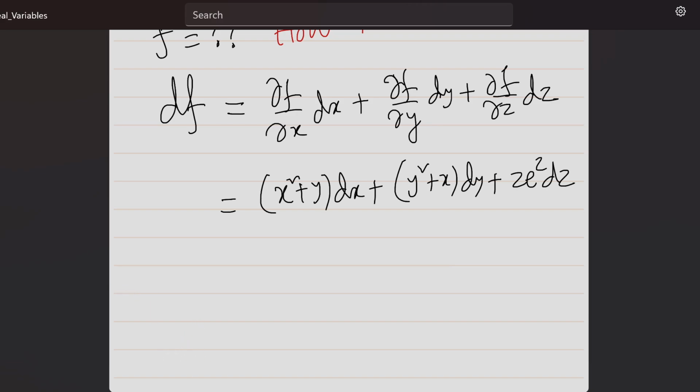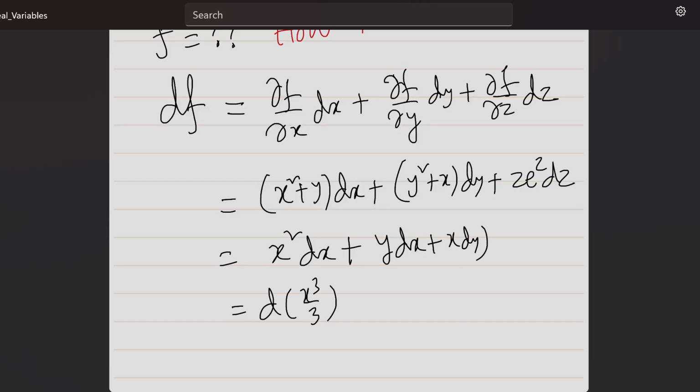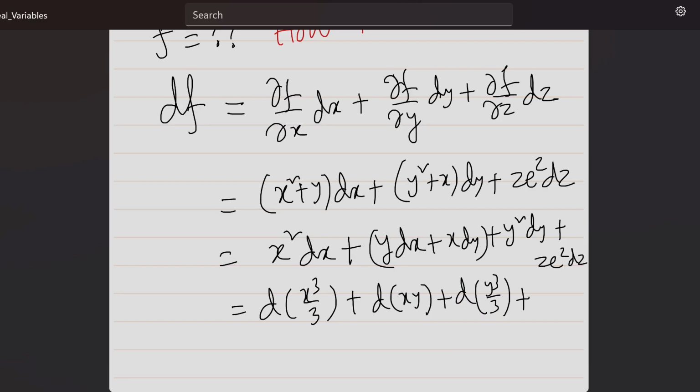I want d of something, okay? So as you know, this x squared dx is fine, because this is d of x cubed by 3, correct? Plus I am writing y dx plus x dy in one thing, plus y squared dy plus z e power z dz. So it is d of xy, d of y cubed by 3, plus d of something you have to integrate, it is z e power z minus e power z.